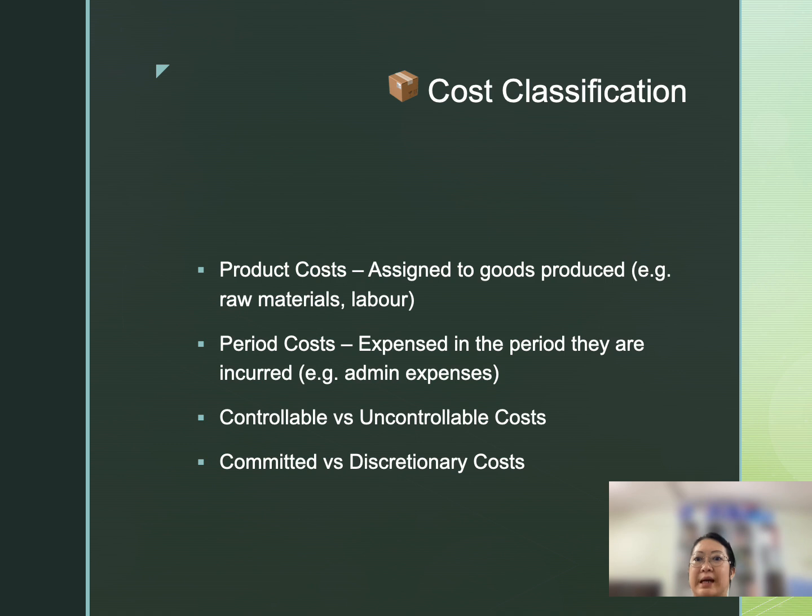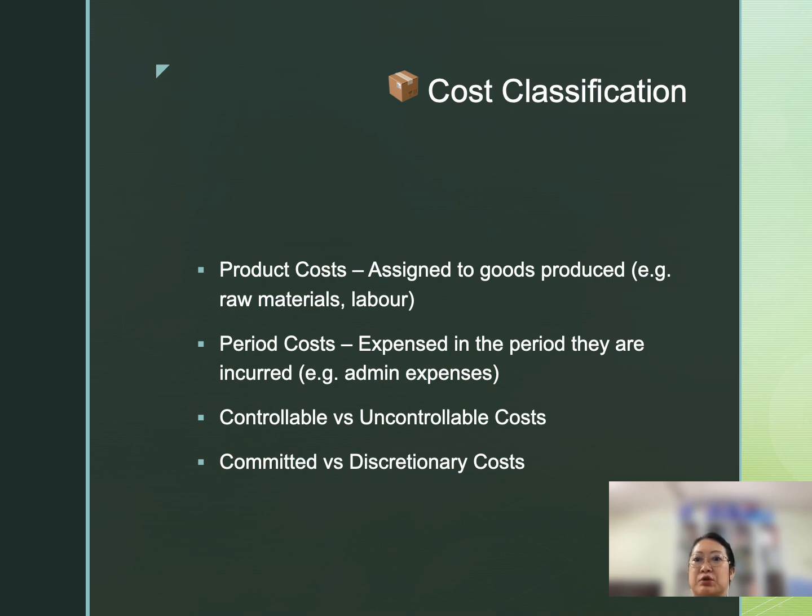Now, understanding how to classify costs helps with planning and control. Product costs are tied directly to production, such as materials and wages. Period costs, such as office rental, are recorded as expenses in the period that they are incurred.